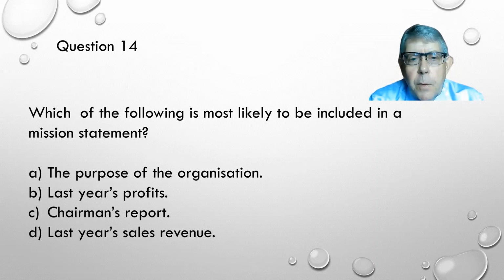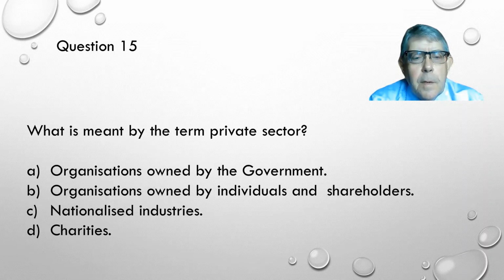A, the purpose of the organisation, B, last year's profits, C, the chairman's report, or D, last year's sales revenue? Question 15. What is meant by the term private sector? A, organisations owned by the government, B, organisations owned by individuals and shareholders, C, nationalised industries, or D, charities?